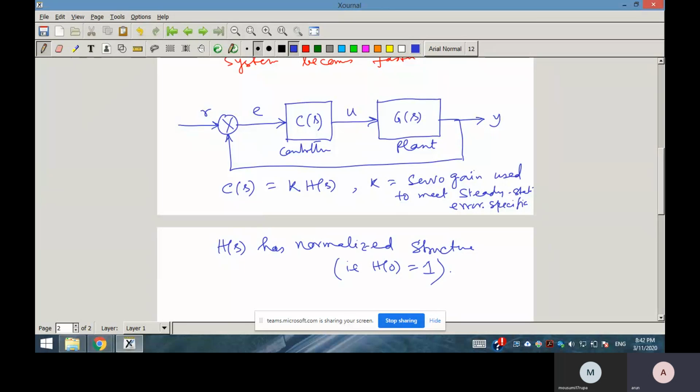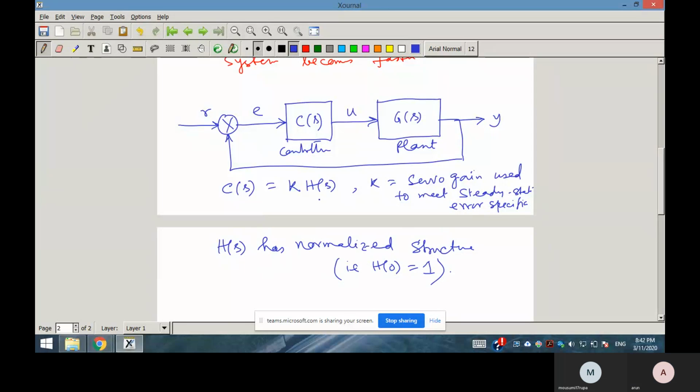One is based on steady state error specification, we will design K. The design of K and H(s) is decoupled because of this normalized structure.